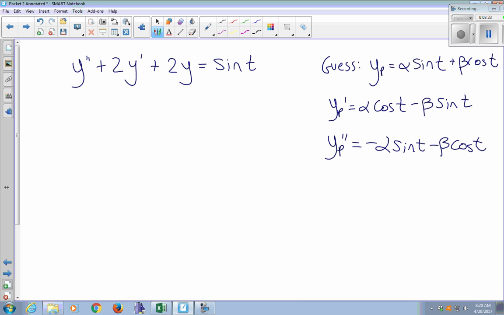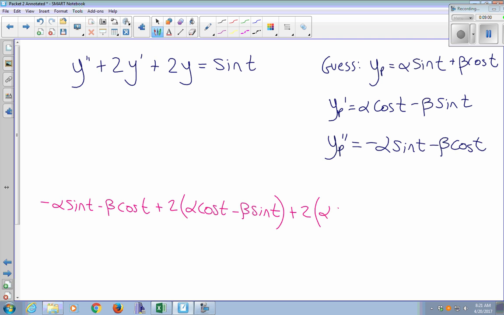Okay, so y double prime. I'm just going to copy my y double prime particular. Do it down here in case I need more room. Negative alpha sine t minus beta cosine t. That's my y double prime. Plus 2, my y prime is alpha cosine t minus beta sine t. Plus 2y.